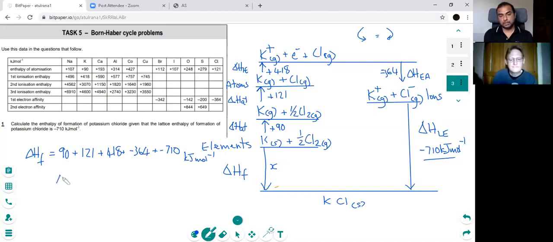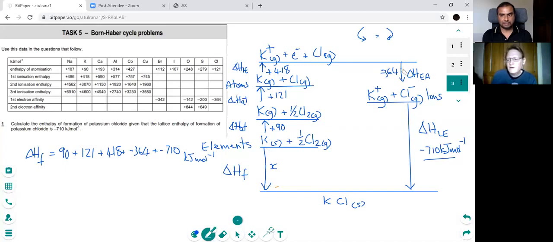Brilliant. Okay. So I would say this is a way of finding it in a very indirect way, knowing all the other energy transformations, ionization, making it into a gas, etc. The enthalpy of formation is one we can get by experiment.